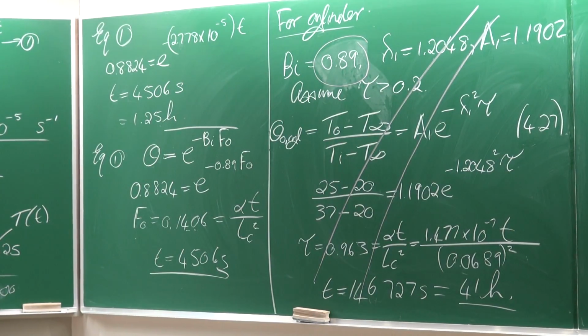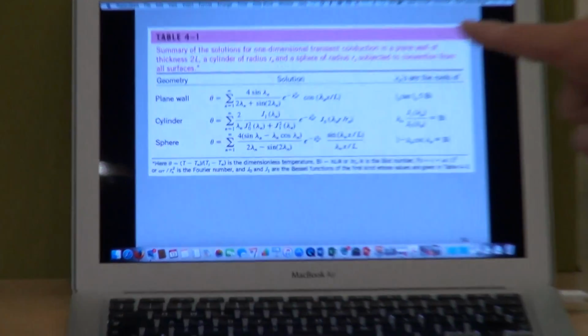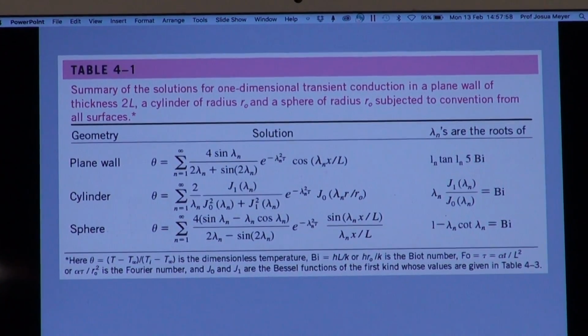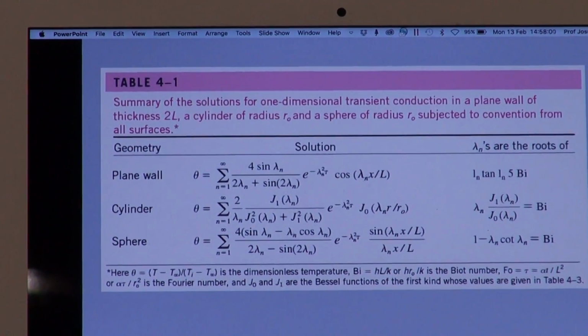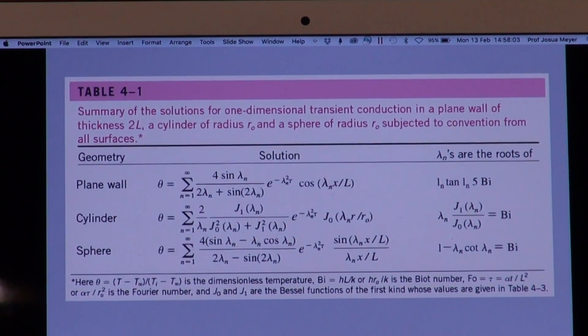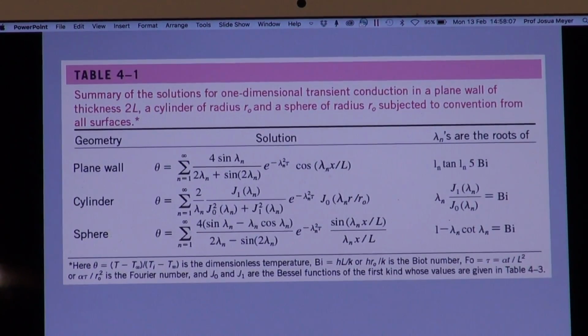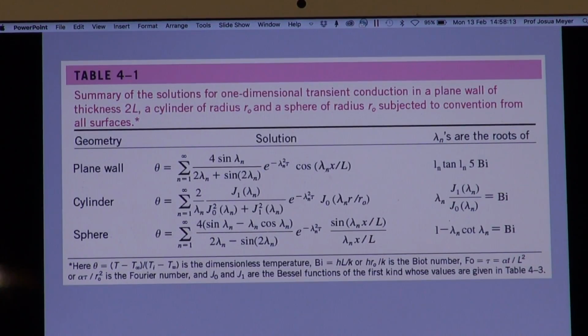So if we go back again to table 4.1, I've warned you against the fine print. If you look underneath it, what does it say? I think it is too far for many of you, it says that the Biot number is equal to hL divided by k, that's obviously for the plane wall, or hR0 divided by k. Okay, which means that the answer is totally wrong.